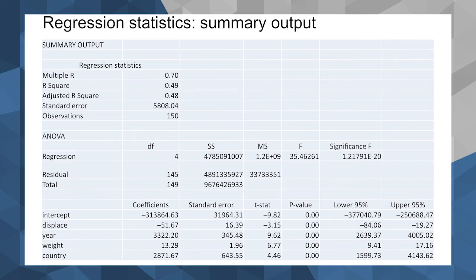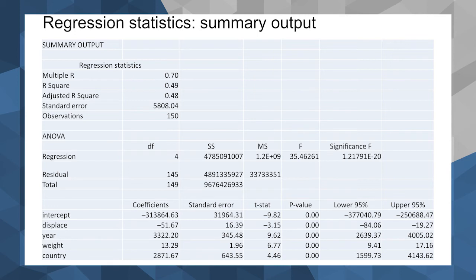And what that gives us is to say that if no displacement, no year, no weight, and no country, which gives you an idea that a lot of times the intercept is a nonsensical number, then the consumption would be minus 313,886. But then the important ones are the coefficients.